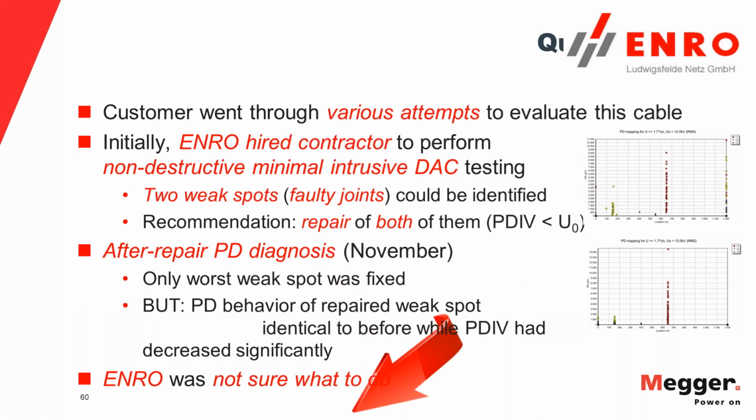They had some problems after they did some testing, and they called in a contractor. He found some faulty joints, then they repeated it, and even though they tried to repair it, they got similar results again, and now they weren't sure what to do.